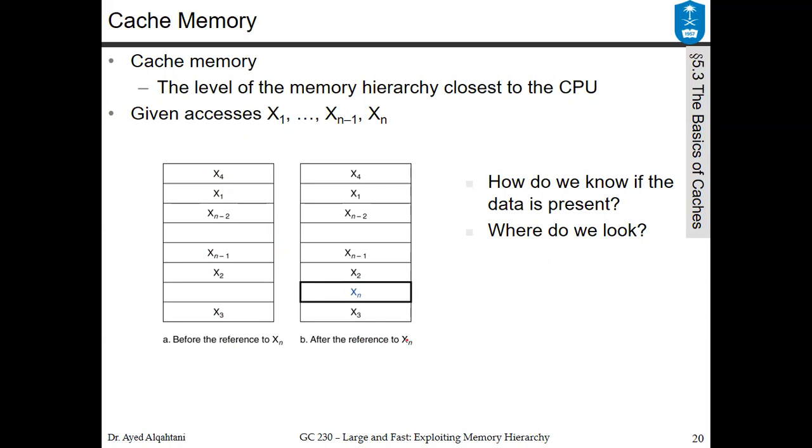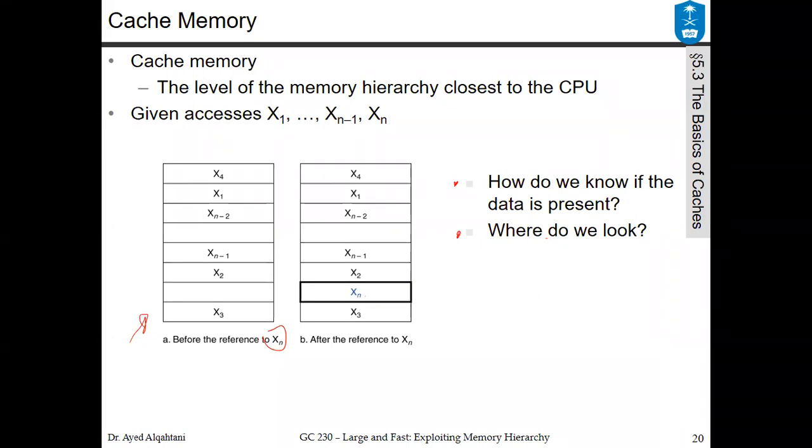After the reference to xn, we put xn inside the cache. This doesn't happen completely randomly. You need to answer these two questions. How do we know if the data is present inside? So you want xn, so how do you know if xn is here or not? And where do we look?